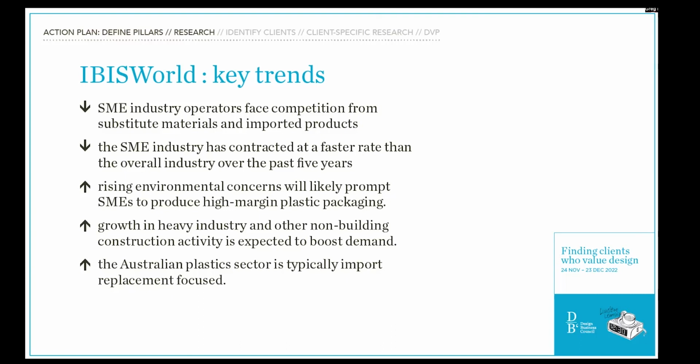So recycling is coming into its own, and it's producing higher margins. The heavy industry and the non-building construction, like infrastructure, building roads, bridges, things like that, those two areas will boost the demand for plastic products. The general construction industry is at a bit of a downturn, but these other two areas are now using a whole lot more industrial type uses of plastics.